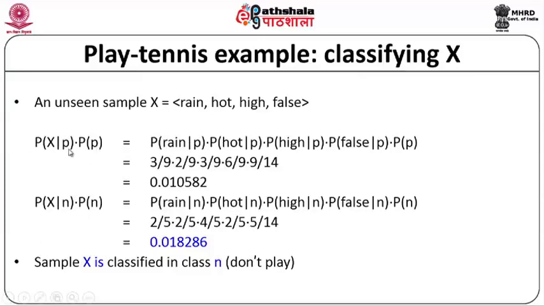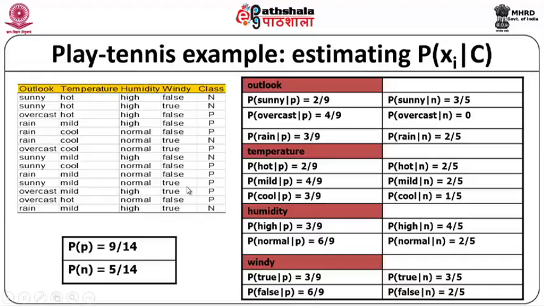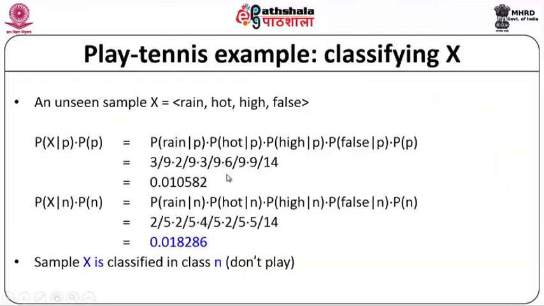The probability of x given p is nothing but the product of the individual probabilities of the attributes outlook, temperature, humidity and windy with respect to the class label p, multiplied by the probability of the class label p.